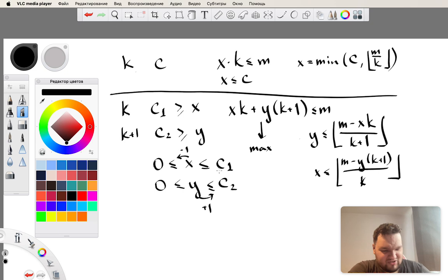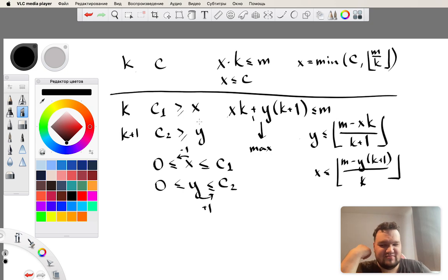Those limitations will stay true, but this number will increase by exactly 1, right? We're decreasing this product by k, but increasing this product by k plus 1. So this number will be increased by exactly 1. And until we reach this limit, we can do it.